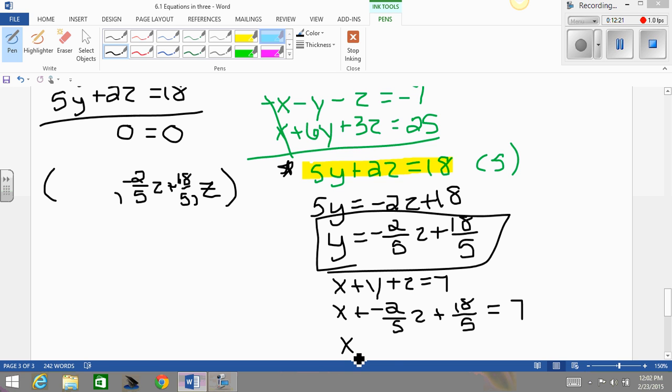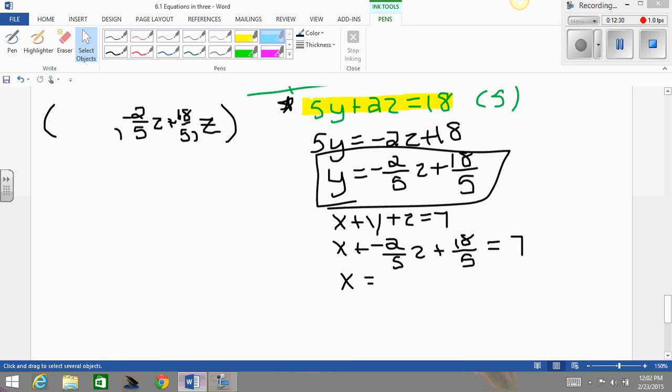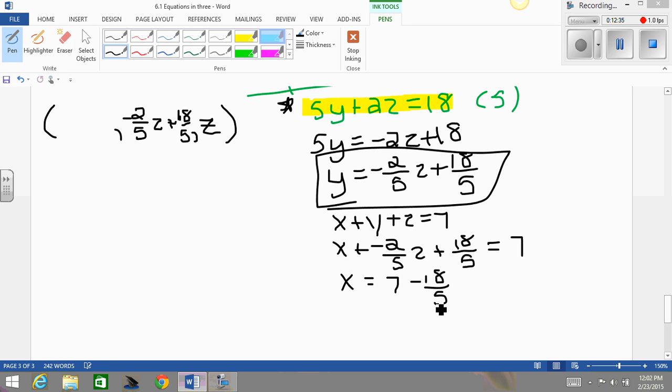Isolate that x. 7 minus 18/5 plus 2/5 z minus z. So we get x equals negative 3/5 z plus 17/5.